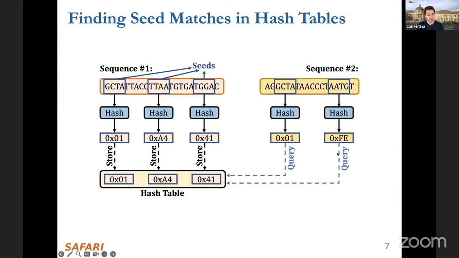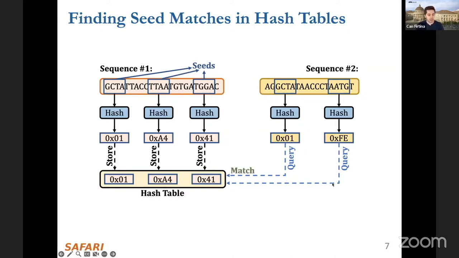Now that we built the hash table by storing the hash values of all the seeds that appear in the reference genome, we can now query the hash values that we generate from the read to identify whether that particular subsequence also exists in the reference genome or not.